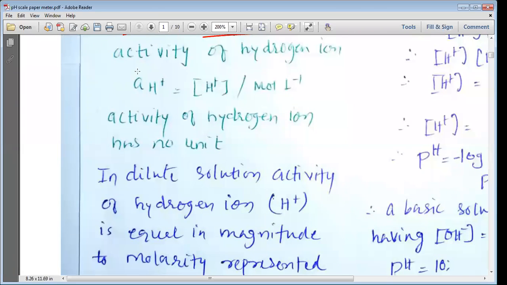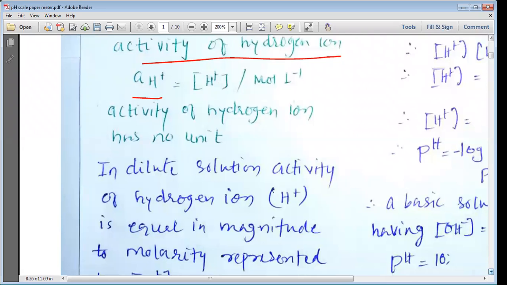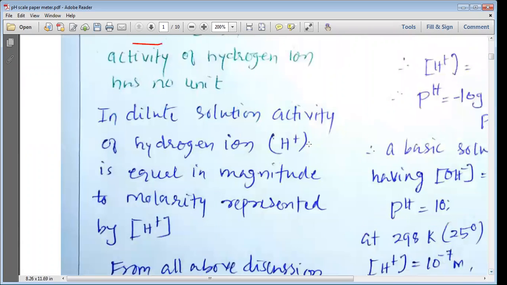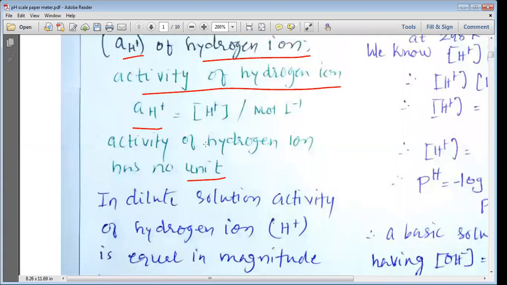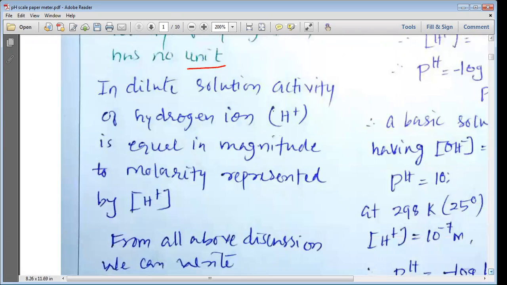Now, what is the meaning of the activity of hydrogen ion? That is, a H plus is nothing but the concentration of H plus in mole per liter. So please remember that activity of hydrogen ion has no unit, but the meaning of activity of hydrogen ion is nothing but the concentration of hydrogen ion in mole per liter.